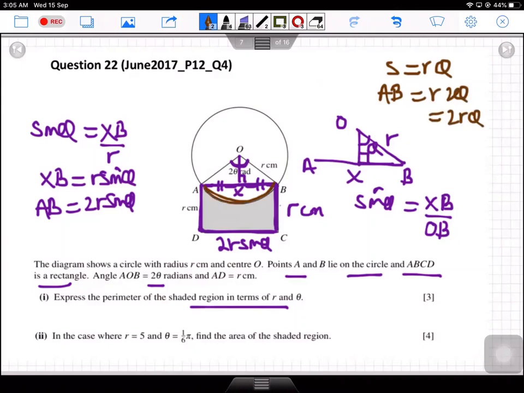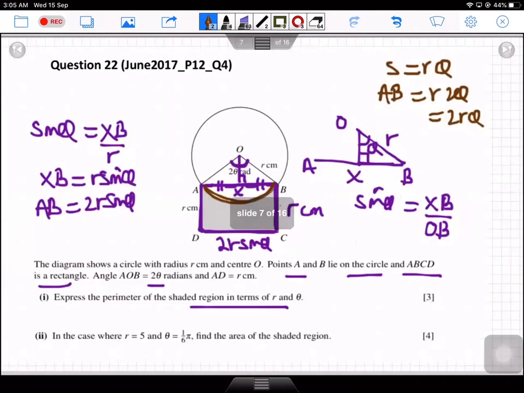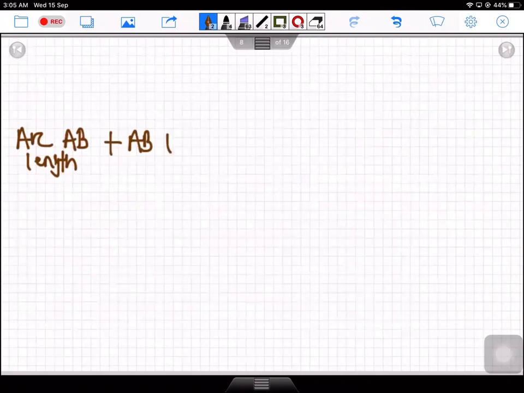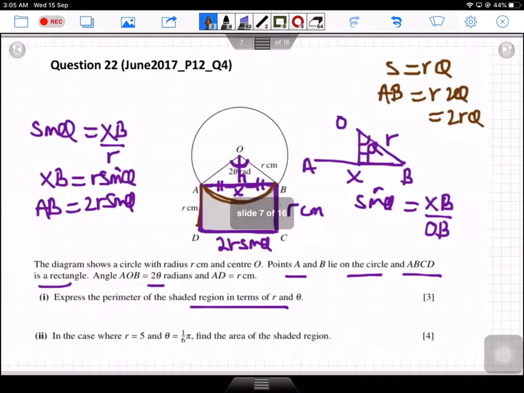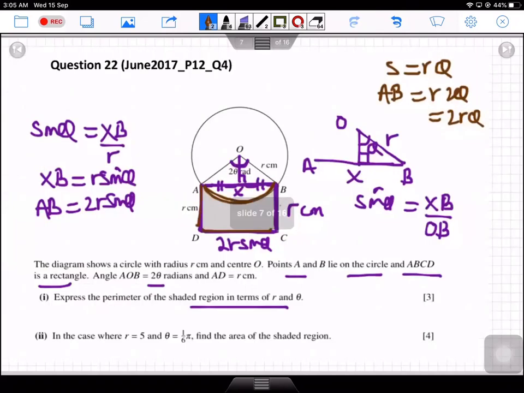Now, in order to find the perimeter of the shaded region, what we want is arc length AB plus AD length, plus this CD length, and plus this BC length.